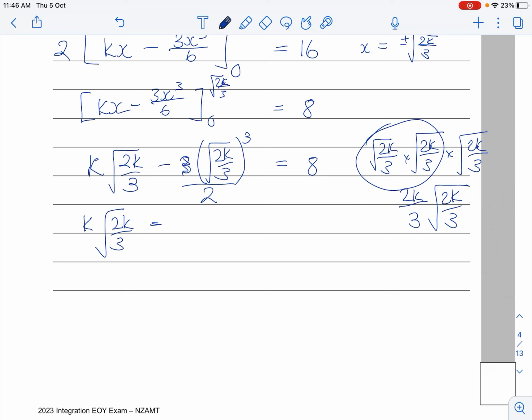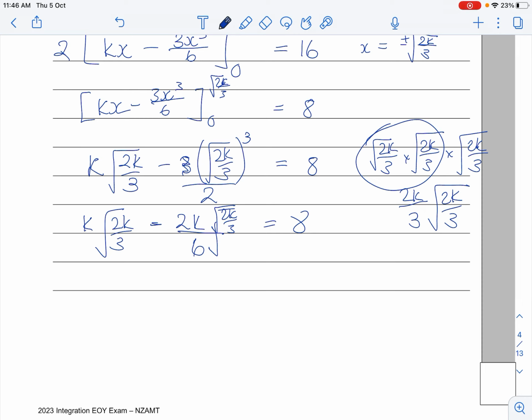Here, now, we've got 2k over 3. Now, I'm just going to move the 3 down to the bottom with that 2, so that now becomes 6. And then I'm just going to leave this 2k over 3 here on the top line. It doesn't actually matter too much. In fact, let's do it like that.